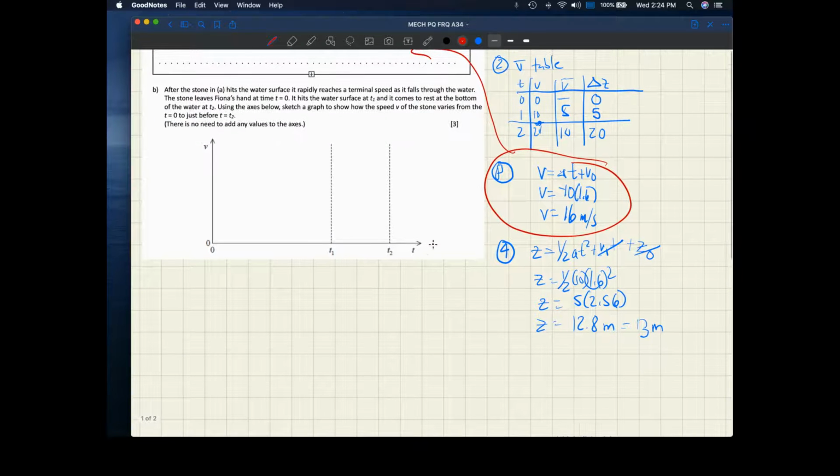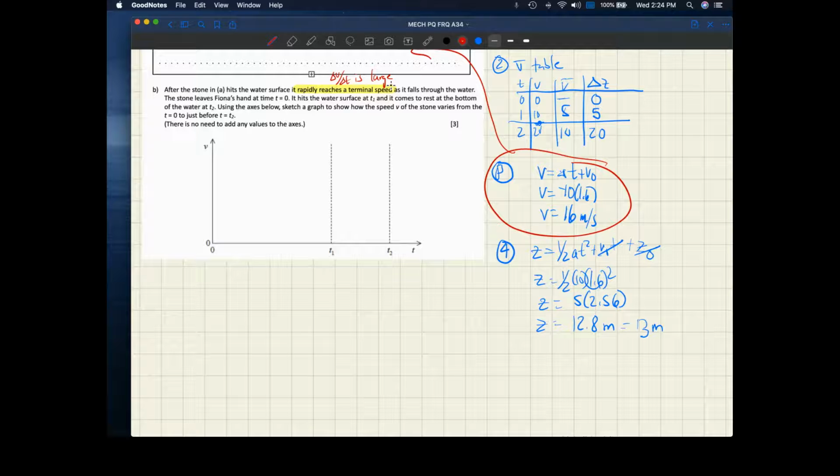So now we've got the stone hitting the water, and once it hits the water, it rapidly reaches terminal speed. So what that means is delta v over delta t is large. It's big as it falls through the water.